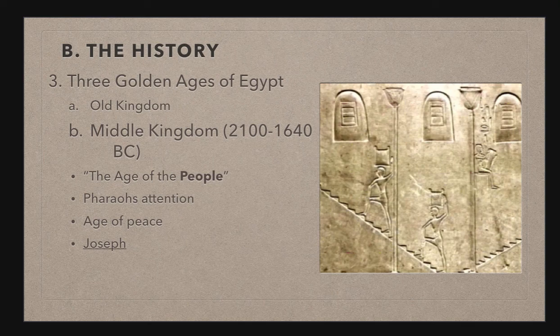I want you to read through the story of Joseph and how he ends up in the court of Pharaoh. So if you don't have access to your computer or Bible, look over the shoulder of a neighbor. You guys read that together.